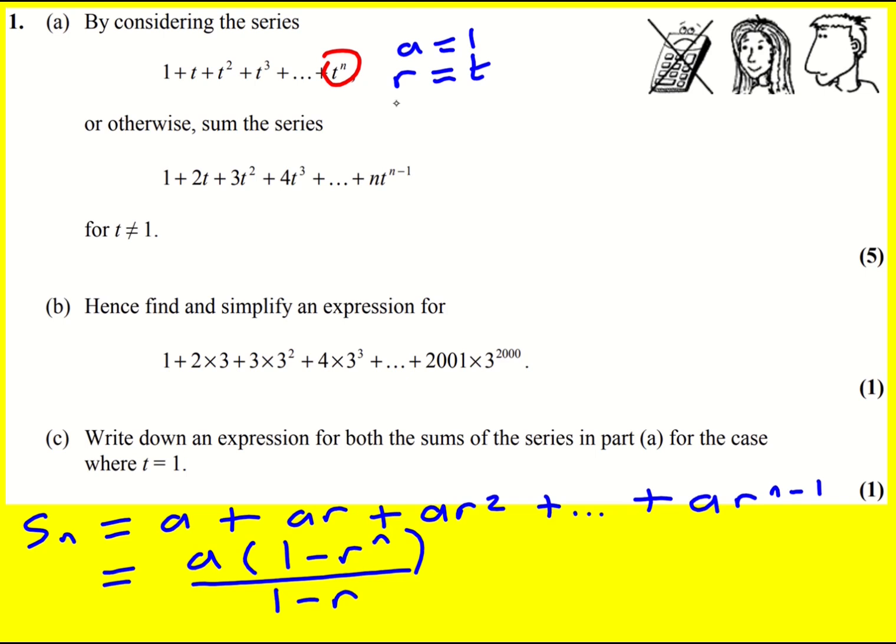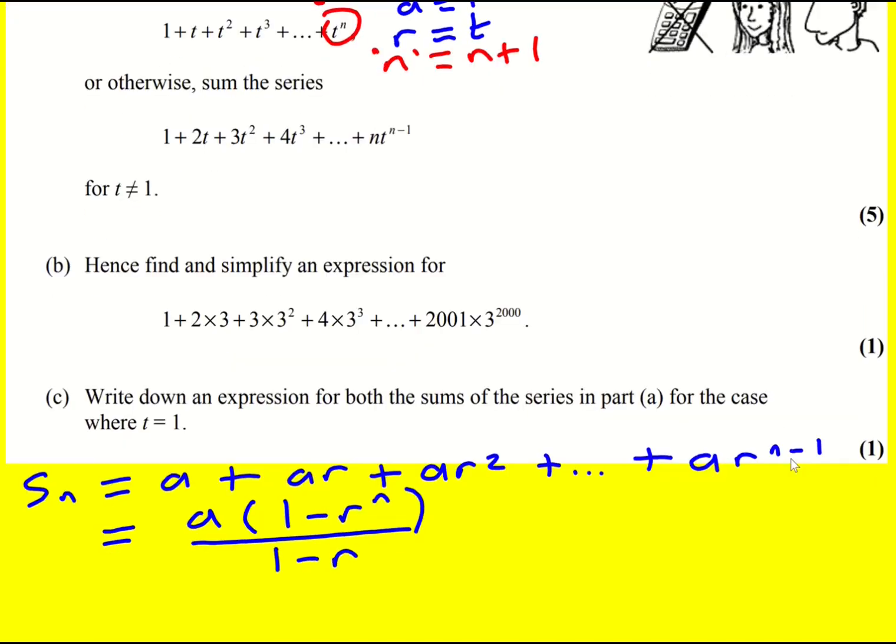So our n as such is actually n plus 1, because you could write this as t to the n plus 1 minus 1, and then it's in this form, but you can see you need to replace that n by n plus 1. So for us, Sn is going to be 1 times 1 minus t to the n plus 1 all over 1 minus t.